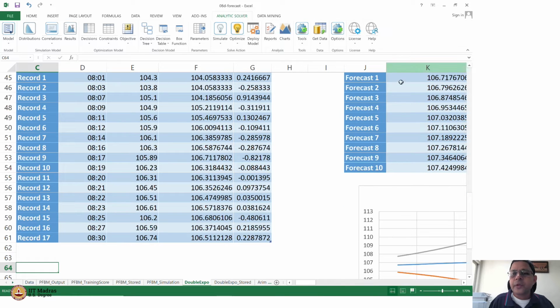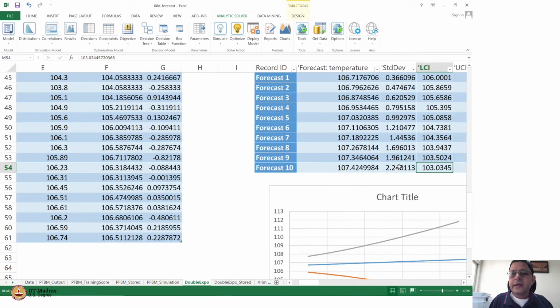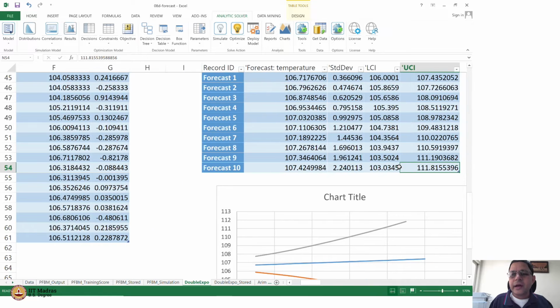So the expected error is going to be smaller, 0.366, whereas the 10th forecast is deeper into the future, much farther away, and therefore the expected error is going to be larger, which is reflected in the lower confidence and the upper confidence numbers.